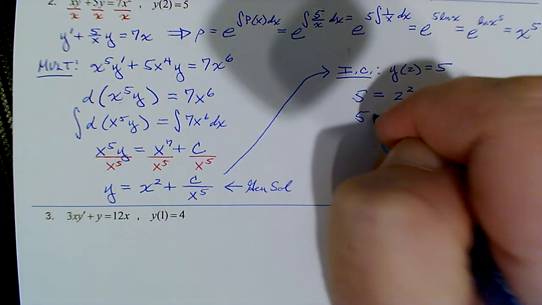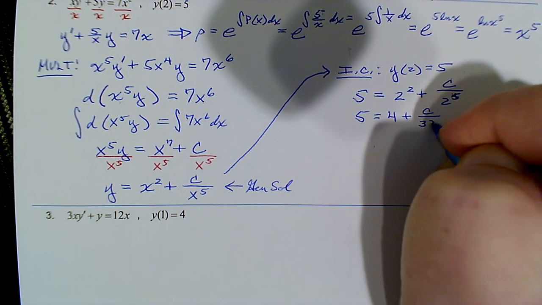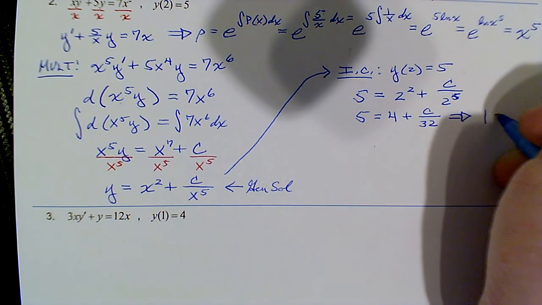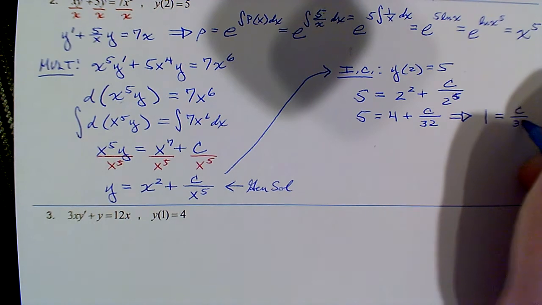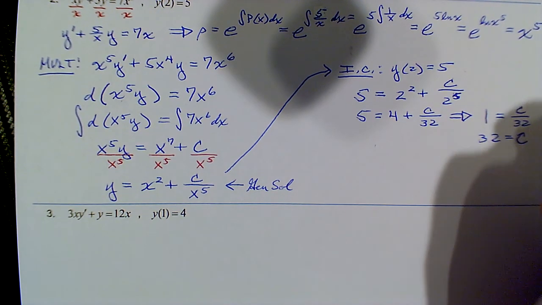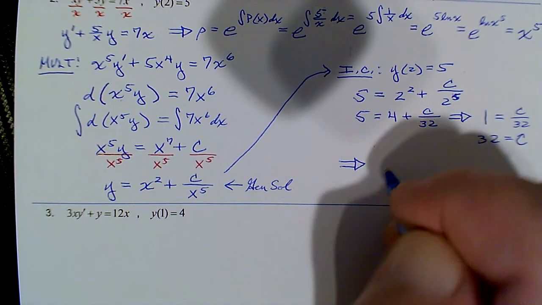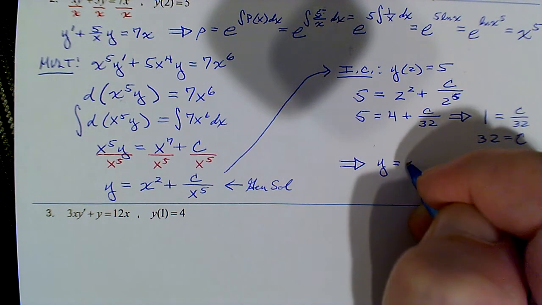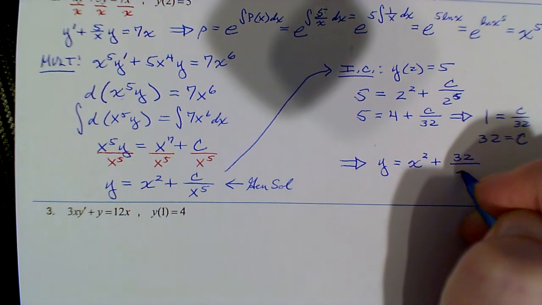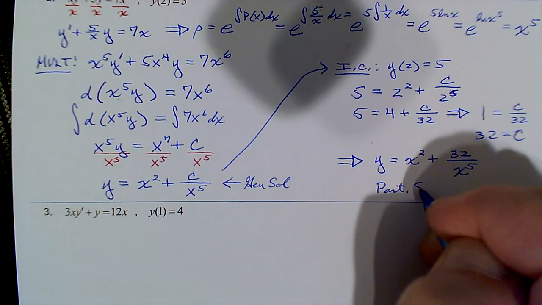So we get 5 equals 4 plus c over 32. So then 1 equals c over 32, and c is 32. And so therefore, into the general solution, we get the particular solution, x squared plus 32 over x to the fifth. And that's our particular solution.